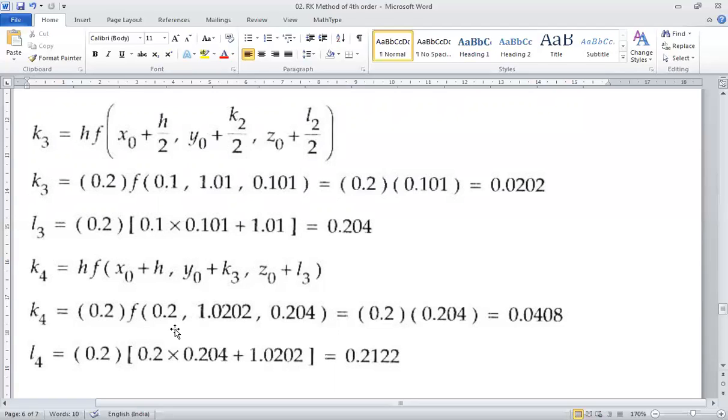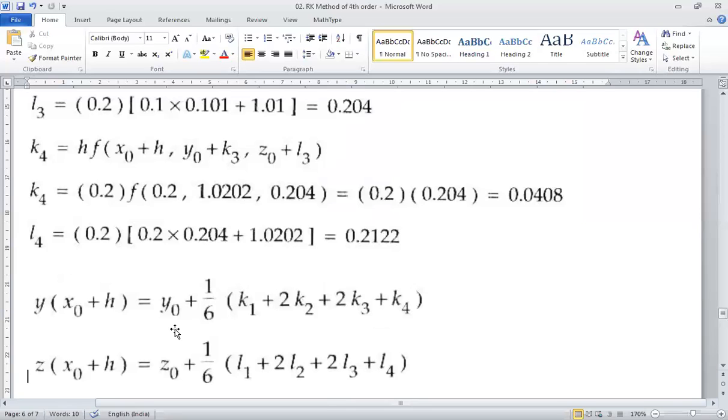Similarly, the value of L4 can be calculated by using the formula h times g of x naught plus h, y naught plus K3, z naught plus L3. Substituting the values for h, x naught, y naught, K3 and L3, we get L4 as 0.2122.